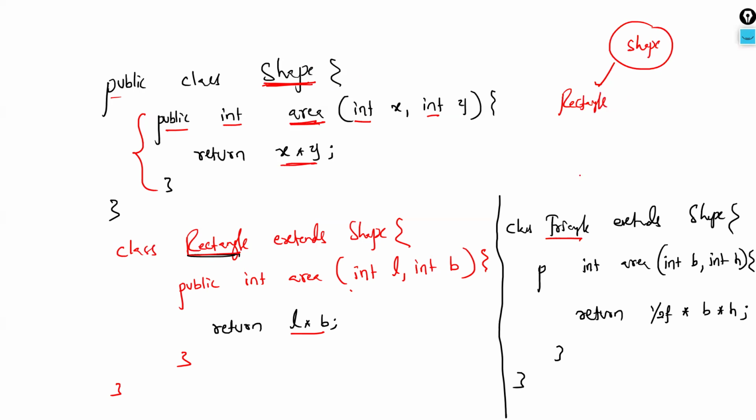Square also, take int s comma int s, then write return s into s. Same variable. So Rectangle is one child of this, followed by Triangle, then Square, like that. So these are the various examples where one method is defined in the parent class and the child has to follow.